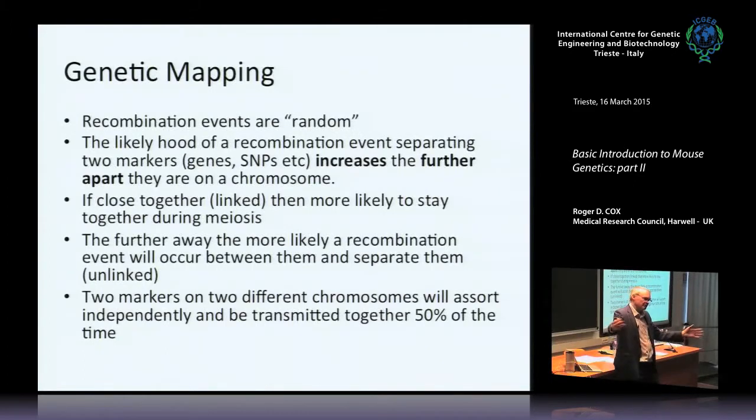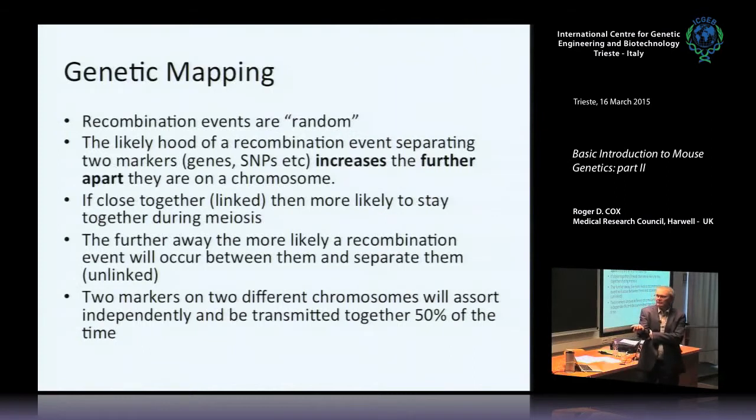Because if there's an average of 1 recombination per chromosome, and they occur at random, then the chances of 2 things close together being separated is lower than if they're much further apart. And that's the basis, really, of being able to map. If they're close together, they're more likely to stay together during meiosis. If they're further apart, they're more likely to separate.